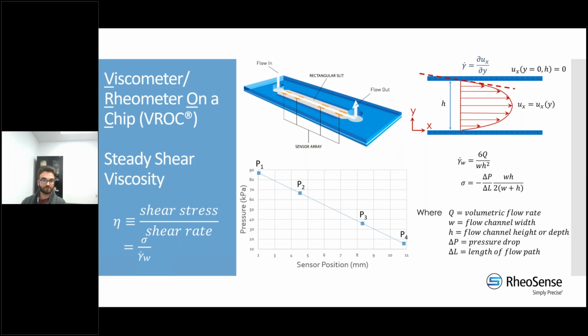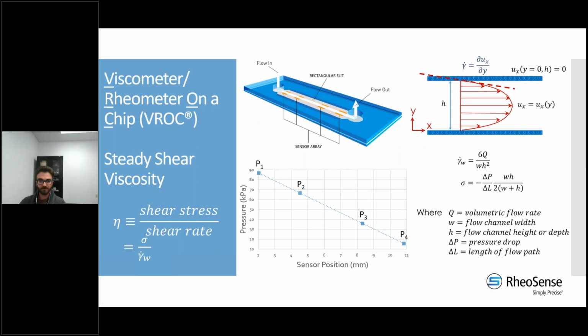Our technology uses a viscometer rheometer on a chip, or VROC for short. All our instruments that we have here have this very same core technology. Inside the chip, it has this rectangular flow path. This flow path is well defined, so we know the dimensions of it.